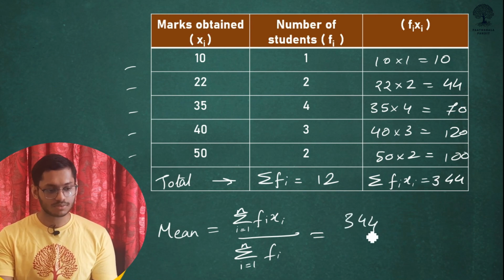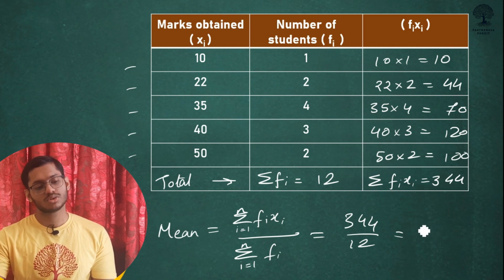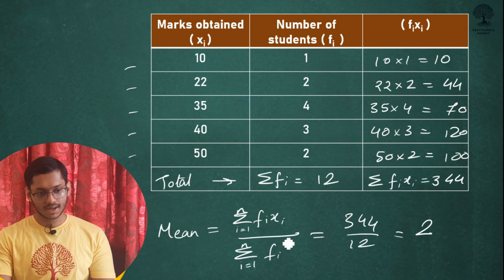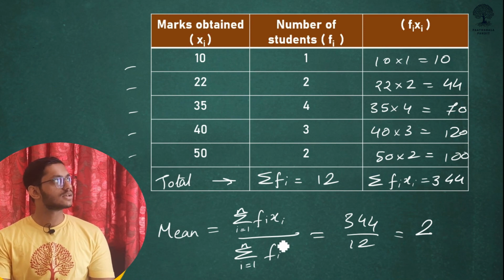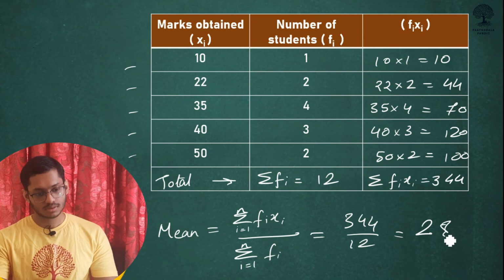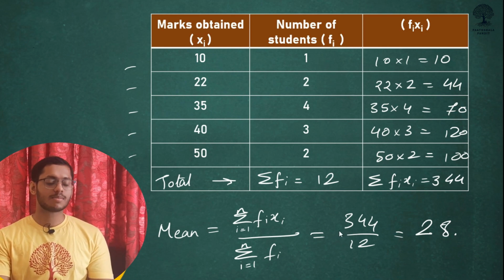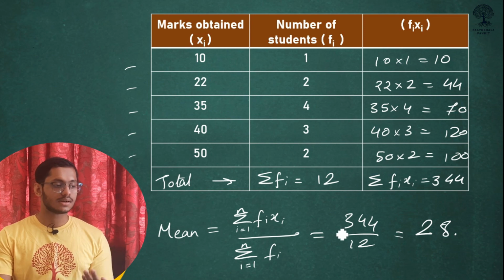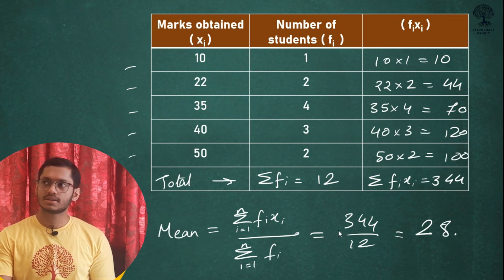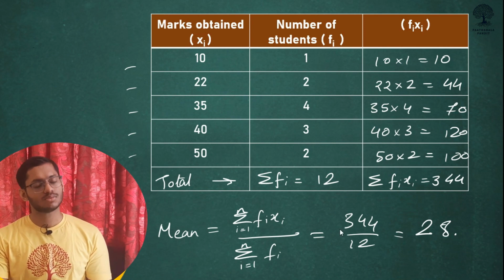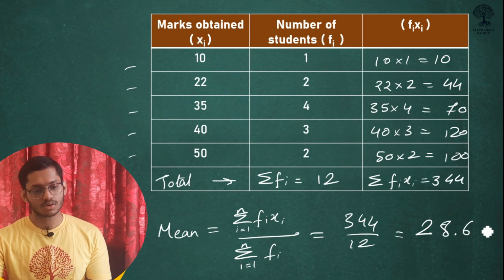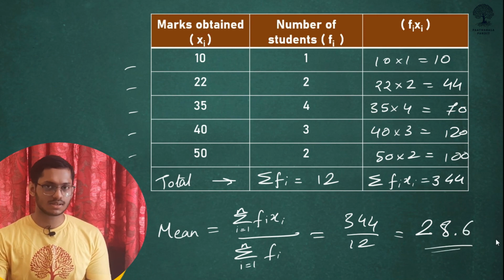So I am just writing 344 divided by 12. 12 into 2 is 24, 12 into 9 is 108, and finally 344 minus 336 leaves 8, and it is just a round up figure.